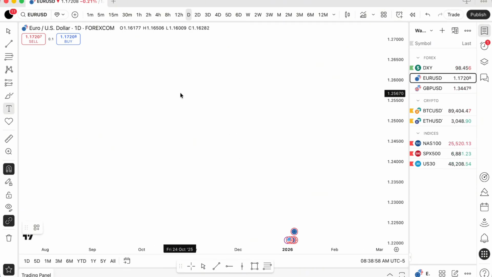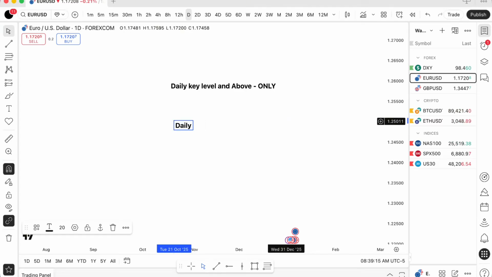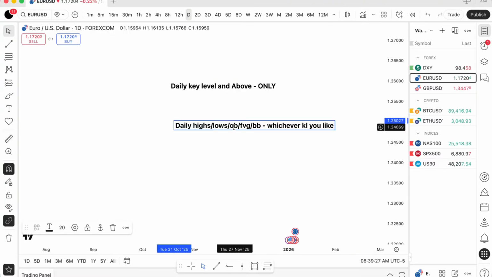First, whenever you look for key levels, I want you to start looking for daily key levels and above only, which means you look for daily highs, lows, order blocks, gaps, breakers, and whichever key level you like, but mainly these four: highs, lows, order blocks and FVGs.